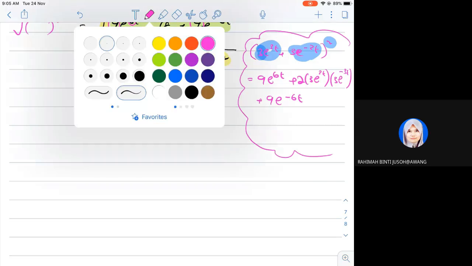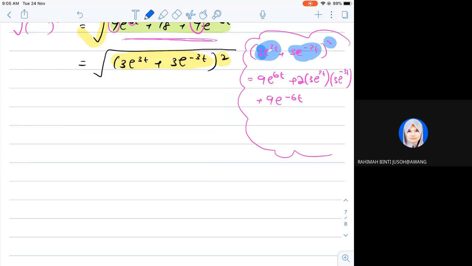So guys, what happened here? Exponent 3t tolak exponent 3t ni, dia akan jadi exponent 0, which is equals to 1. So in the middle, you will get 18 sahaja, because 2 times 3 times 3. 3 times 3 is 9, 9 times 2 is 18.